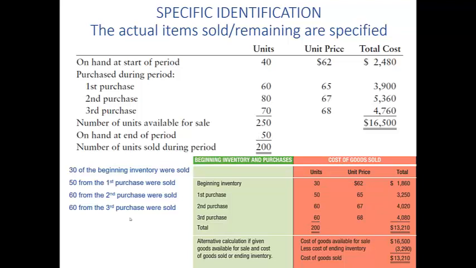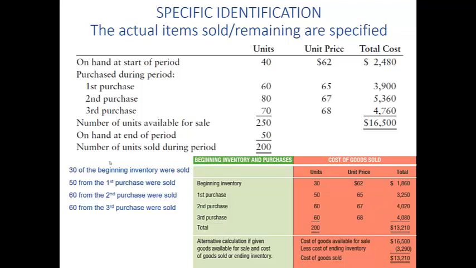Since we're using specific identification, we should know exactly which 50 units these are and how much we paid for each one of them. The problem should give you some specific information so that you can figure that out.